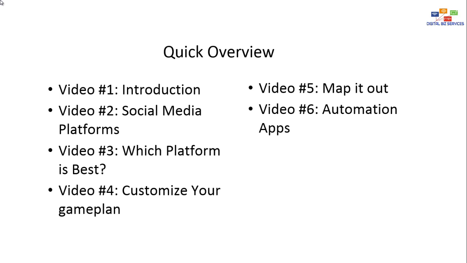And of course, last but not least, once you have mapped it out, we're going to talk about automation apps. There are many different apps out there that will allow you to automate your social media presence. For example, if you posted something like an image or content to Facebook, you could create automation apps that would copy that information to your Twitter, to your Instagram, and to other social media platforms as well.